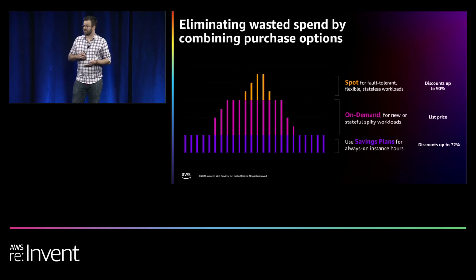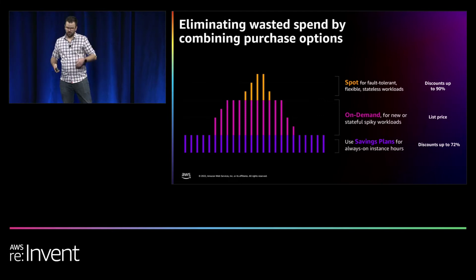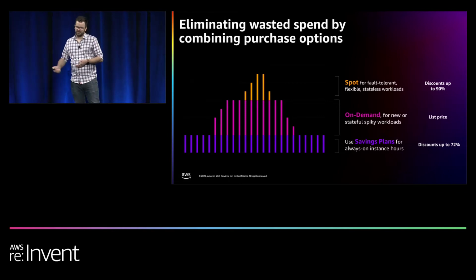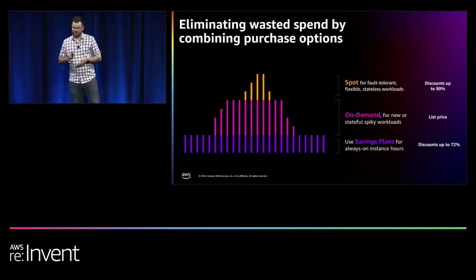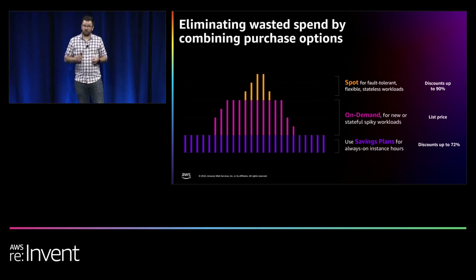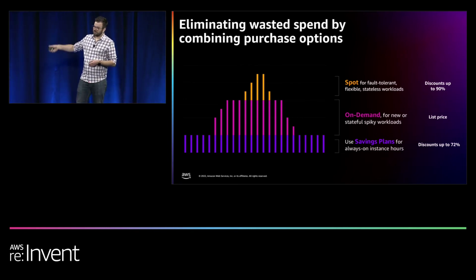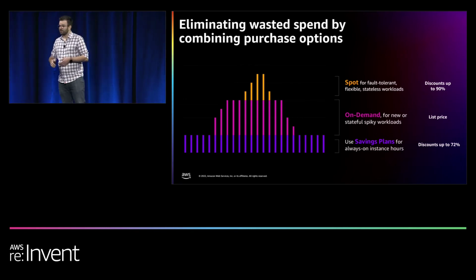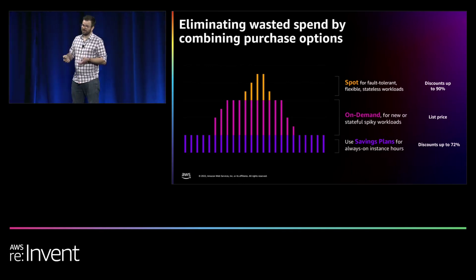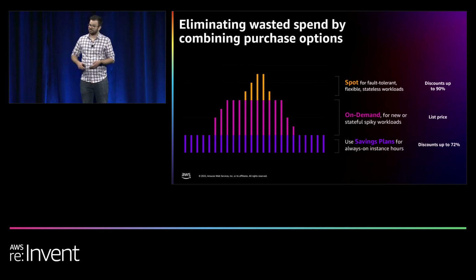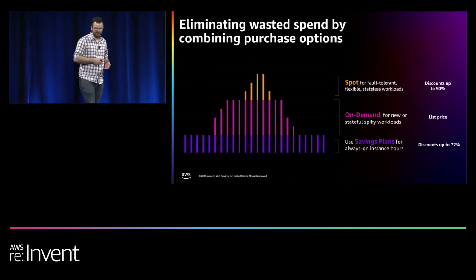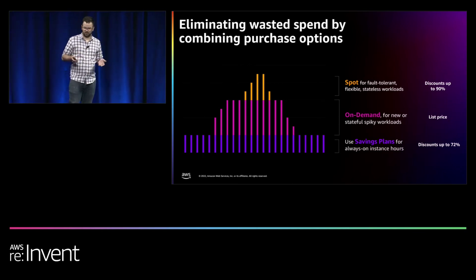And we try to make it as easy as possible for you to use savings plans. With savings plans, you don't need to do any code changes. You don't need to configure your infrastructure or launch instances differently. Heck, you don't even need to know what type of instance you're going to be running. You just bring up the AWS Cost Management console, review the suggestions that we provide based on your historic usage, and choose if and how much you want to pay up front and how long you're willing to commit for.